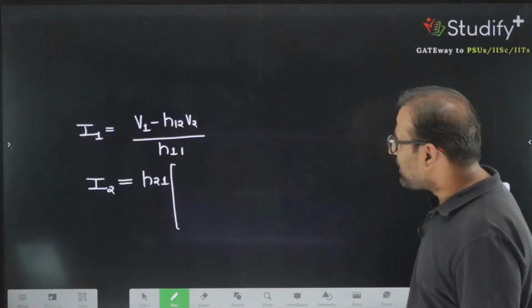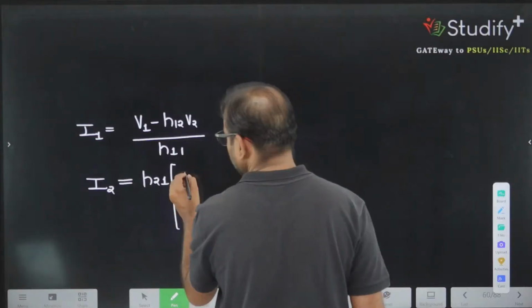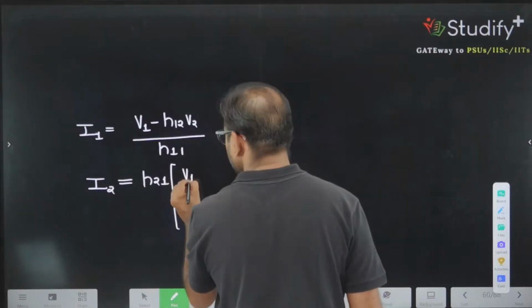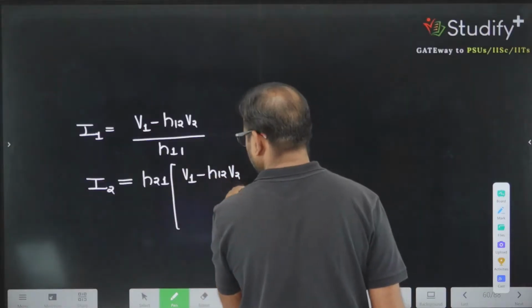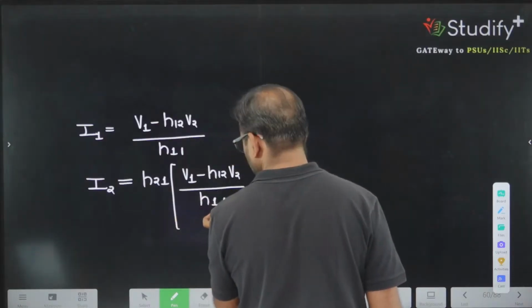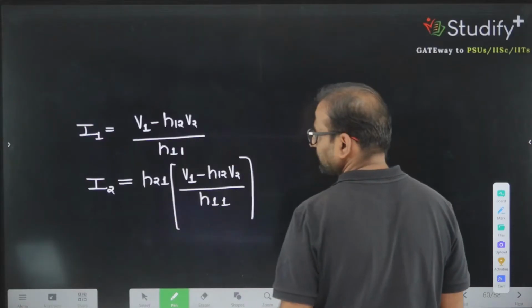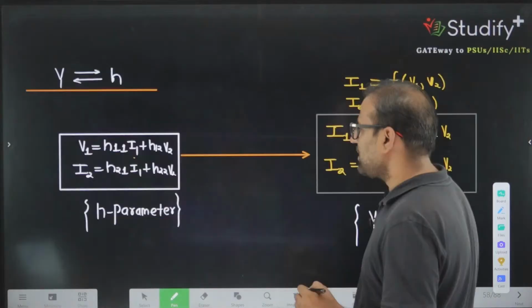So it is a function of what? It is a function of I1 and V2. So let's replace this. This is V1 minus H12 V2 divided by H11, and what is next? The next part of the equation is H22 into V2.